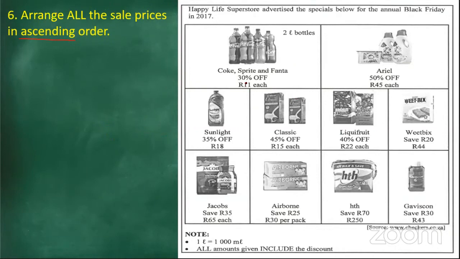So the cheapest one here, let's look through, is 11 rands, right? So that would be my number 1. The next one is 18 rands, number 2.